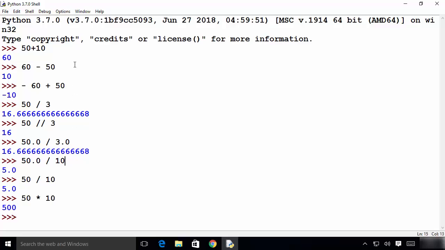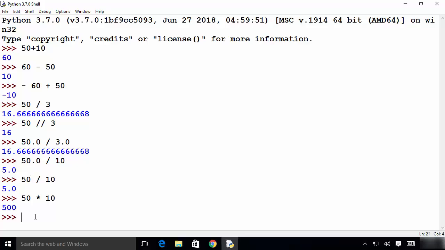So what we have learned till now: this is an expression, or 50 divided by 3 is an expression. The numbers you operate on are called operands, the symbols you use to multiply, divide, add, or subtract are called operators, and these numbers are also called literals when they are constants.